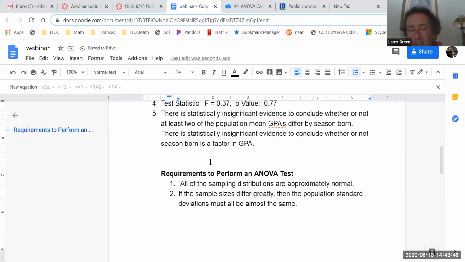Okay, and you would never guess that. Again, there's mathematics behind it. I'm not going to get into it, and we're not going to get into even how to tell. I just want you to know that that's a requirement.